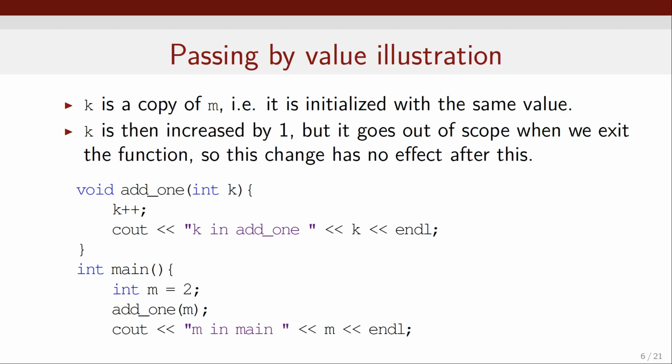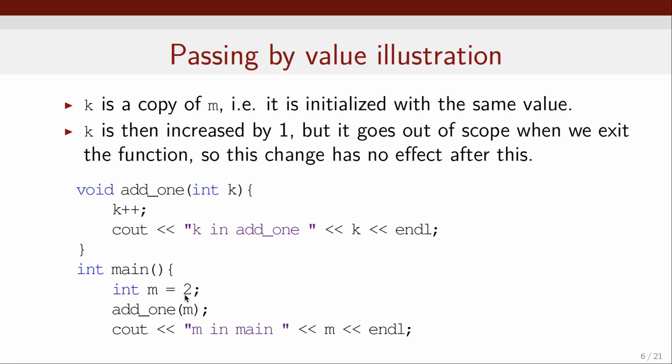So let's consider one more example of passing by value, and then we will see another way of passing by reference. In this case, I have a function that takes an integer k as an argument. In my main function, I declare an integer m, and I initialize it to the value 2.